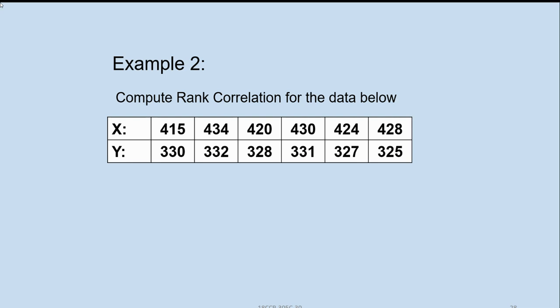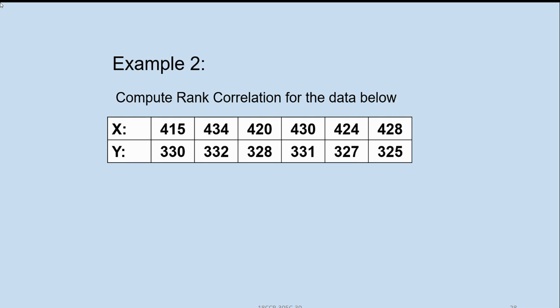In X series, you identify the lowest number. The lowest number is 415. Right? Against 415 in the R1 column, you write 1. That is the first rank.